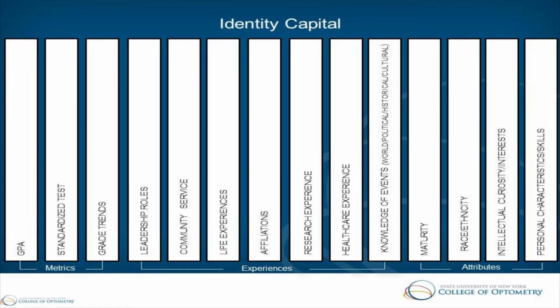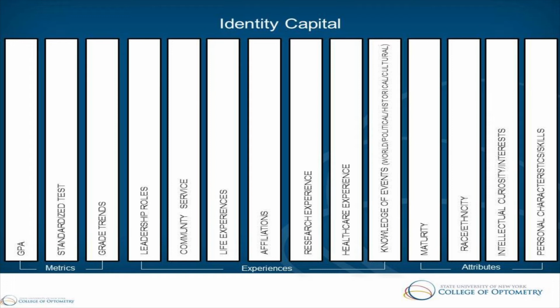These may be things that you might be asked during the interview, and you have to have a basic understanding of them. Then there are different attributes that we look at when we talk about identity capital. Maturity level, race and ethnicity, intellectual curiosity and interests. Are there particular areas that you're curious or interested about? Know how to talk about them.